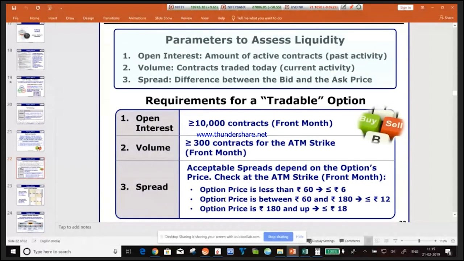Open interest I can compromise up to 5,000. But volume should be minimum 300 every day and the spread should be less than 10% of the options price. That's it. This is the minimum criteria that I use in my trading.